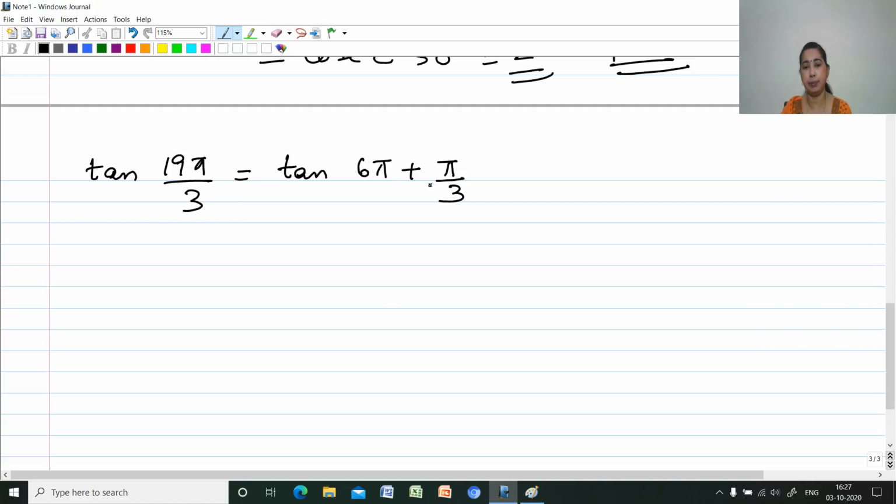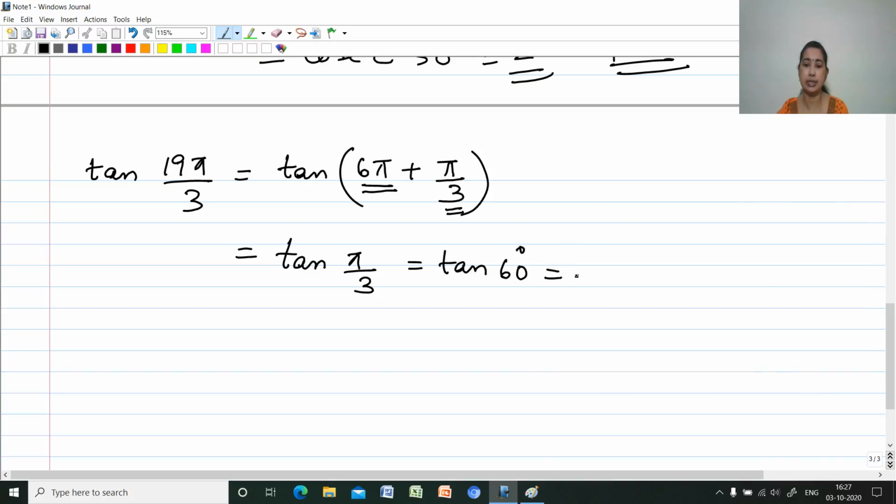So 6 pi plus pi by 3. This is the number of complete revolutions and pi by 3 is the remaining angle. Now the answer will be tan pi by 3. How much is tan pi by 3? It is tan 60. Tan 60 is root 3. So the value of tan 19 pi by 3 will be root 3.